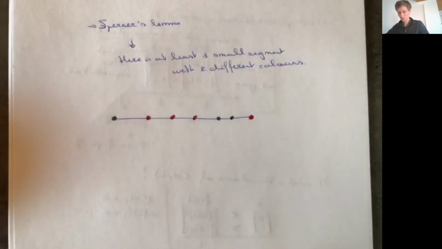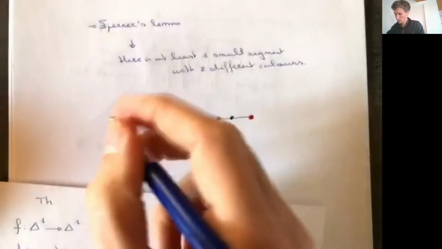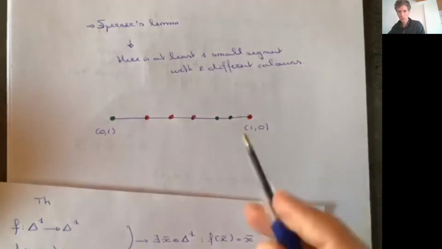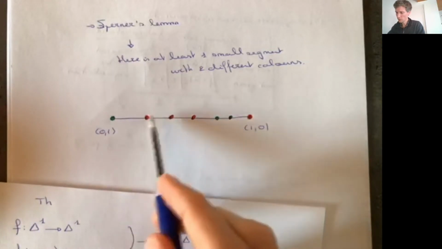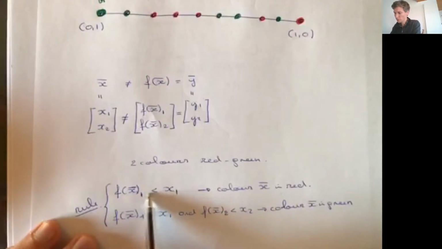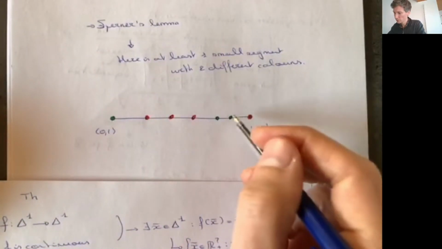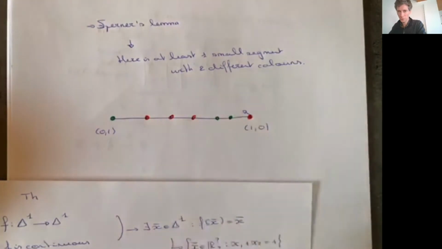So maybe it's good to see what's the intuition behind this here. Okay, so we had that this was (0, 1), and this was (1, 0). So if the first component decreases, we go here over the line, right? And if this first component increases, we go in this direction. So if the first component decreases, then we're in red. So this actually means that if you look at the mapping F for these points, then for all the red points, F goes to the left of this point, right?